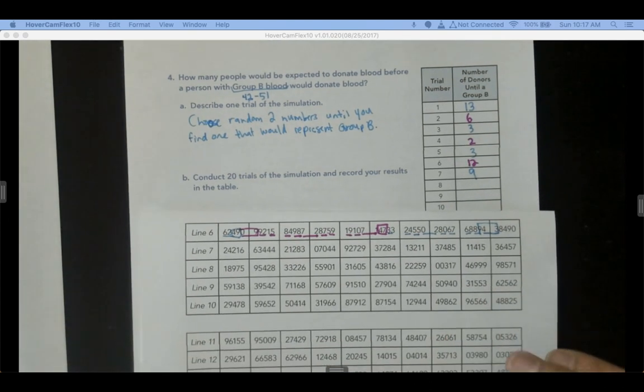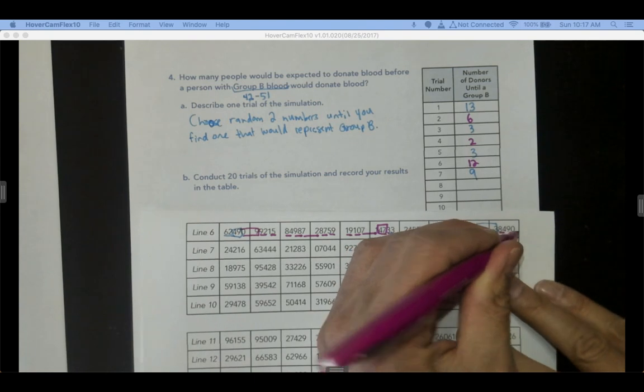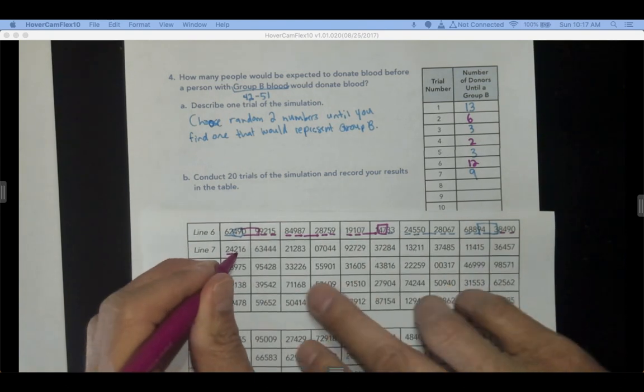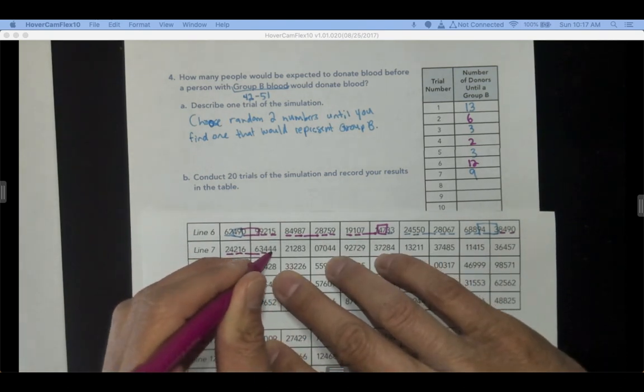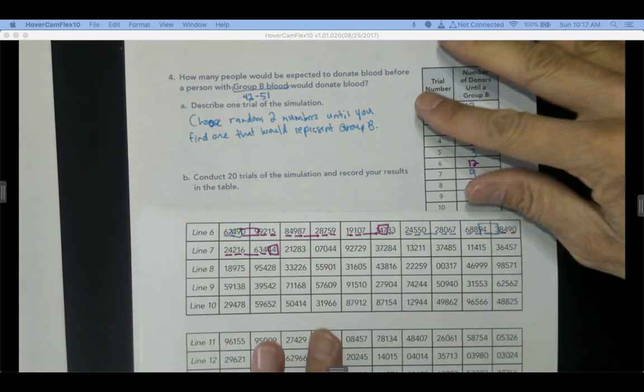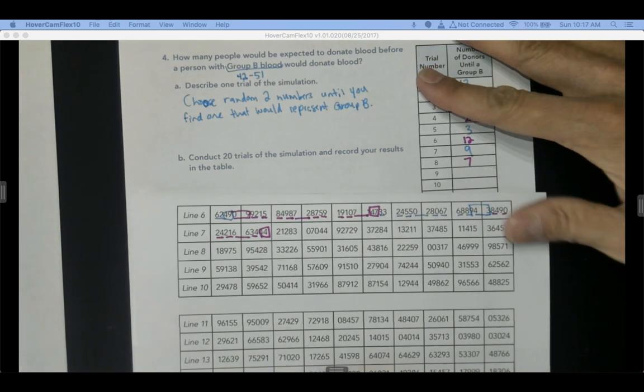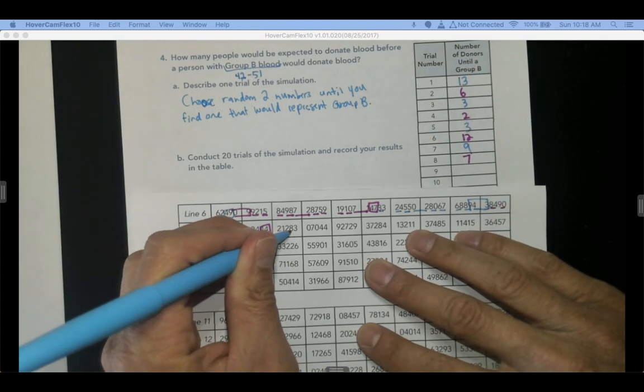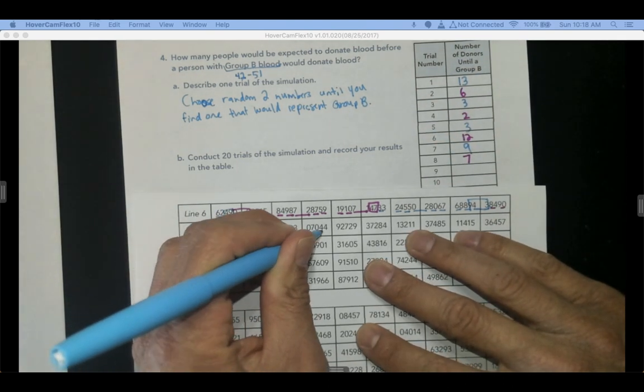Then we have 1, 2, 3, 4, 5, 6, 7. Then 1, 2, 3, 4, 5.